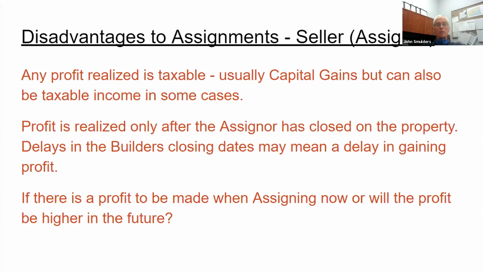And the last one is if there's a profit to be made when assigning now, or will the profit be higher in the future? Should I wait a month and assign? What's the building? What's going on in terms of the value of condo prices? If you watched some videos yesterday in your town hall meetings, not Richmond Hill because my video didn't work, but you saw that condo sales were up about 7% in the GTA, but condo prices were down, if I remember right, was it 17%?